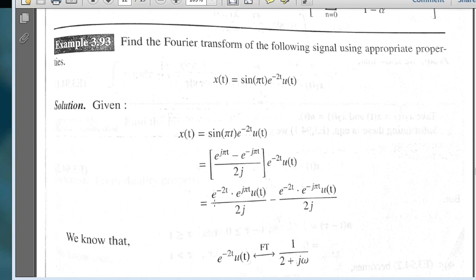Now to solve this, we know that e raised to minus 2t into u of t, how is that given? The very first problem we solved was e raised to minus at into u of t, so we have to make use of that. That signal's Fourier transform was 1 by a plus j omega. So we use that.